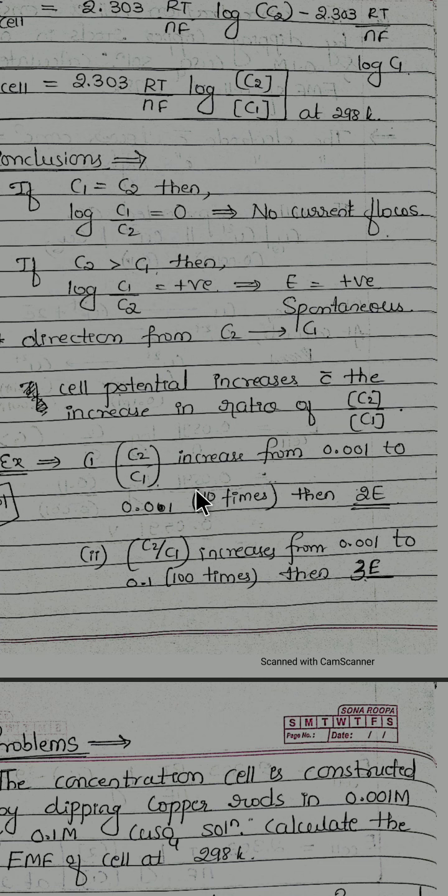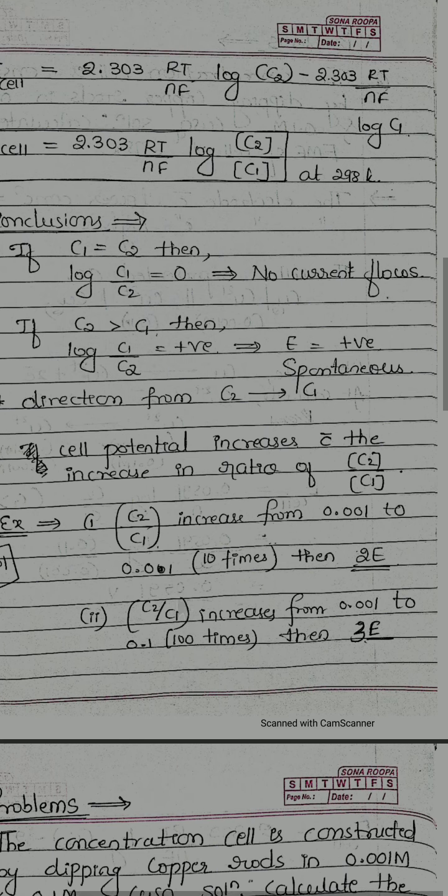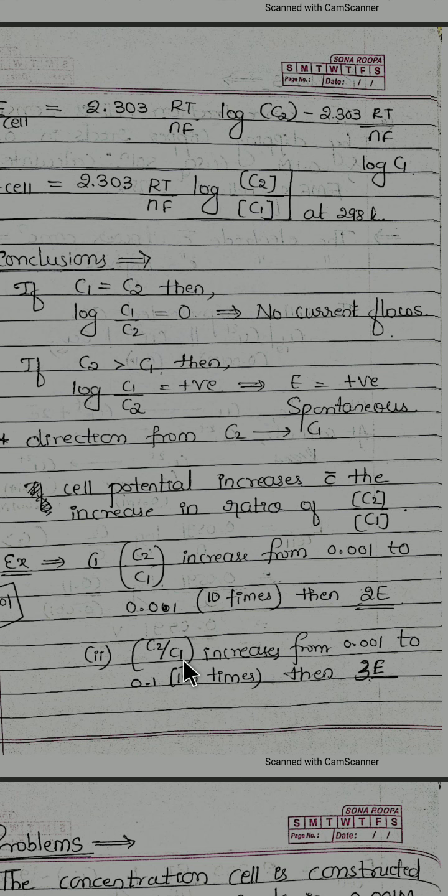Okay, if you increase that concentration from 0.001 to 0.01, then you can observe a two-fold increment in the potential. That is nothing but what I have written as 2E, in short, a two-fold increase in the potential. In the second case, if the ratio C2 divided by C1 increases from 0.001 to 0.1, that means it is a 100 times increment.